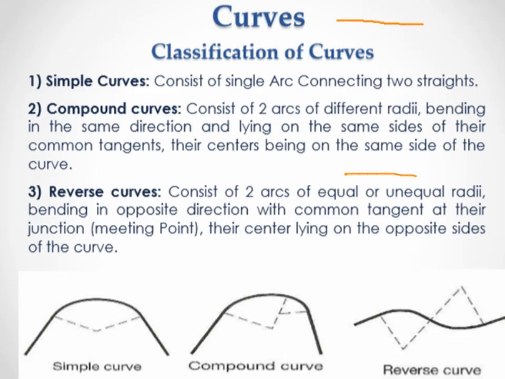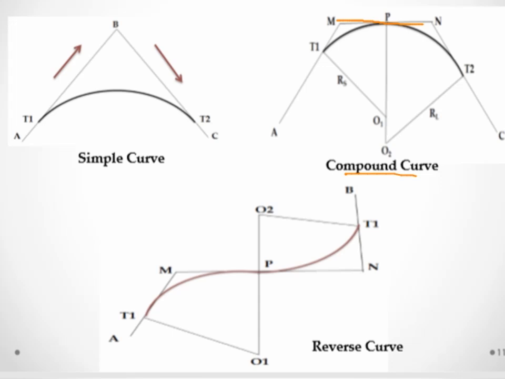Then reverse curve. Reverse curve consists of two arcs of equal or unequal radii being in opposite directions with a common tangent at their junction, at their meeting point, their centers lying on opposite sides of the curve. You can better understand in this curve from T1 up to P and P1 to T1.